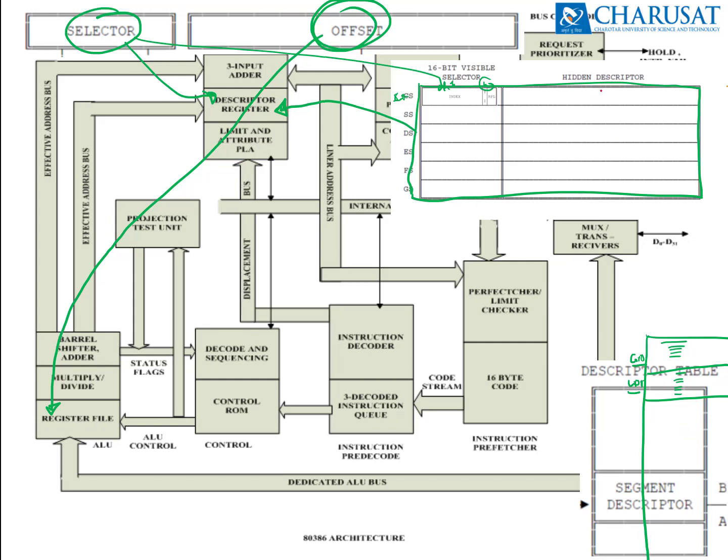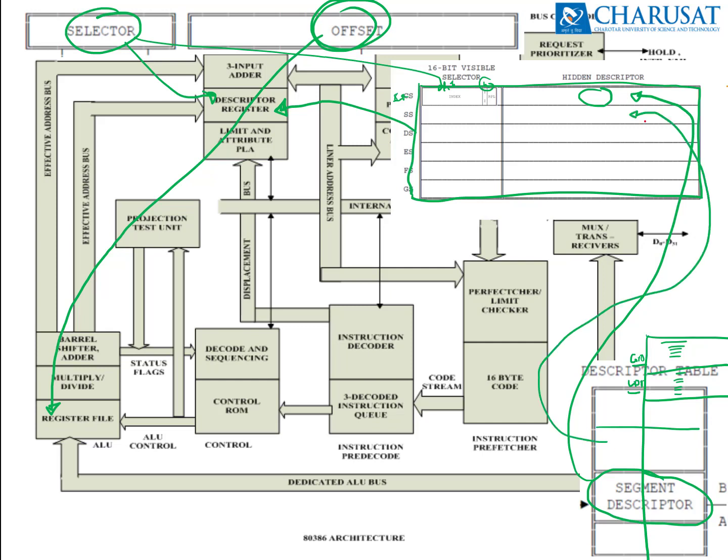So what does this hidden descriptor contain? The hidden descriptor contains the segment descriptor of the respective process. If the process has 6 segments, then 6 entries from the descriptor table will be copied and made available here. So in short, the descriptor registers contain the 16-bit visible selector portion as well as the 64-bit descriptor value from memory.